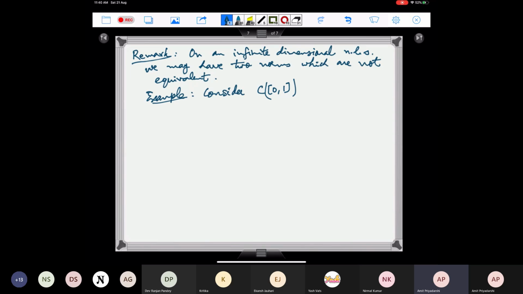So here we have seen two norms. We have seen a norm which we denoted by the infinity norm. This is defined as the supremum of mod f(t), t belonging to [0,1]. In this case, the supremum is actually the maximum. So this is one norm.